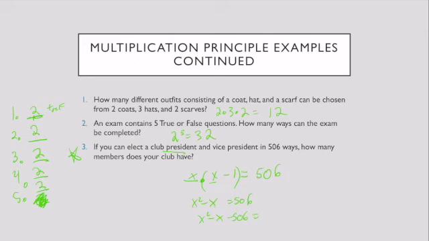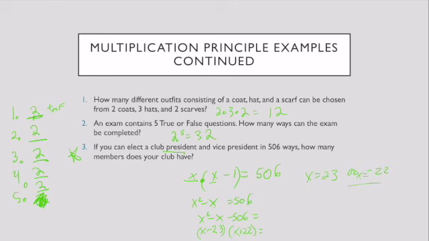Then I can factor. What are the factors of negative 506 that add up to negative 1? Well, that's going to be negative 23 and positive 22. That means I get that my x value is 23 or negative 22.